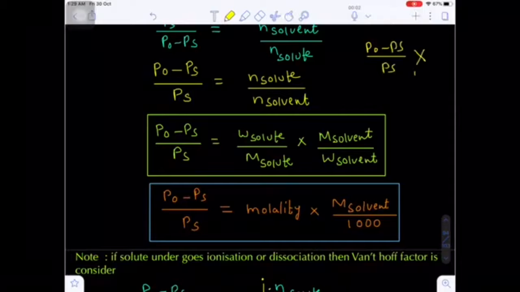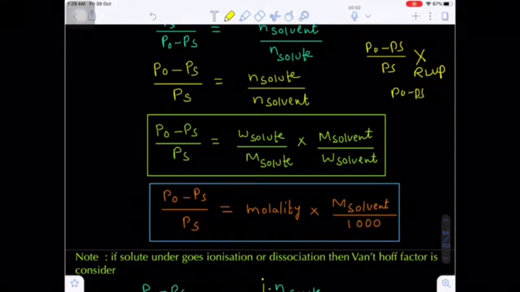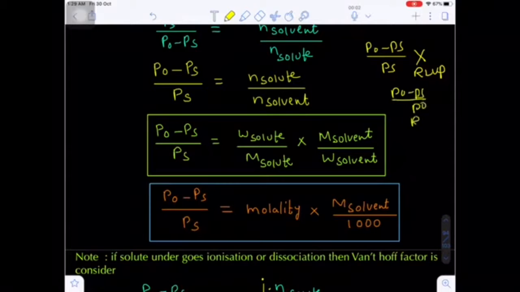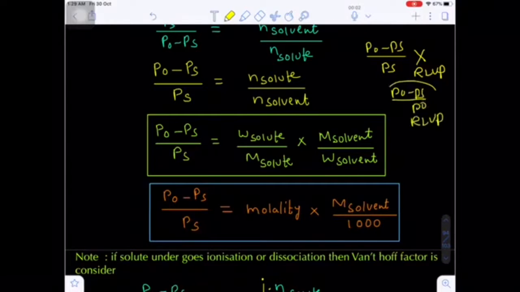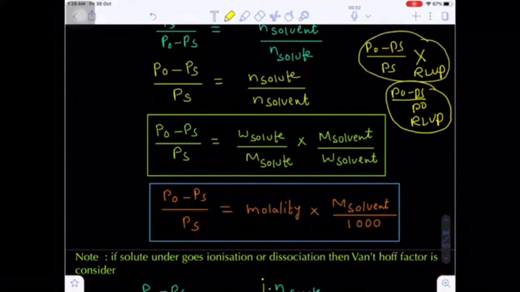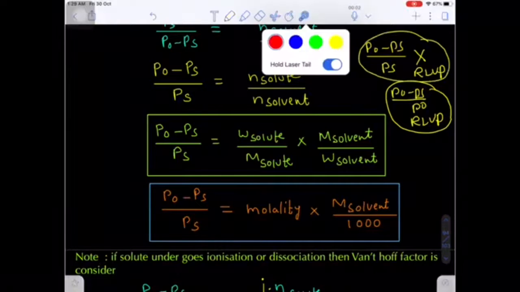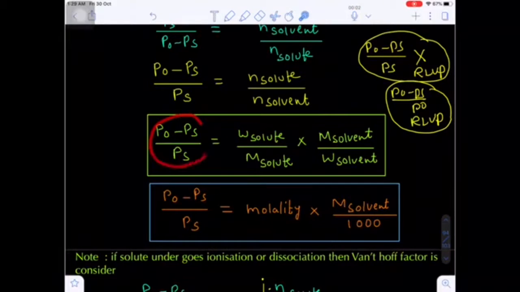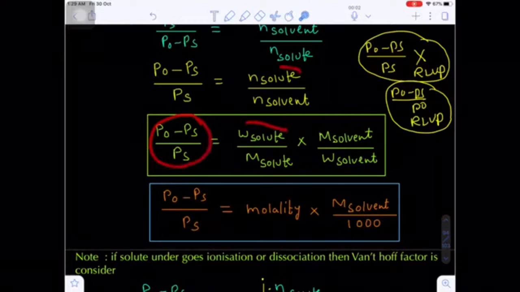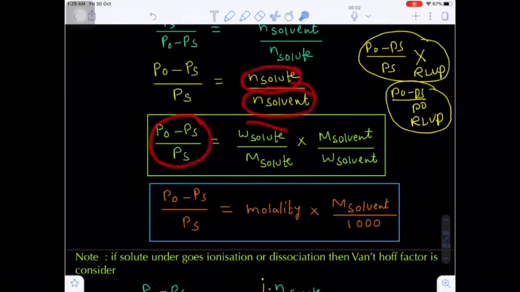It is not RLVP. What is RLVP? P0 minus Ps by P0 is called RLVP, but P0 minus Ps by Ps is not RLVP. Remember. Okay. Now here P0 minus Ps by Ps will be equal to the number of moles of the solute upon the number of moles of the solvent.